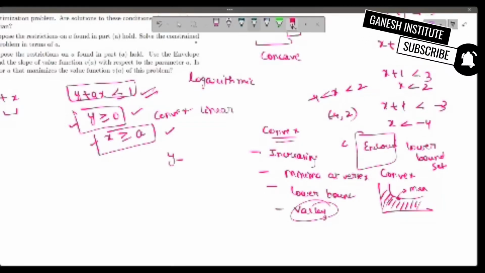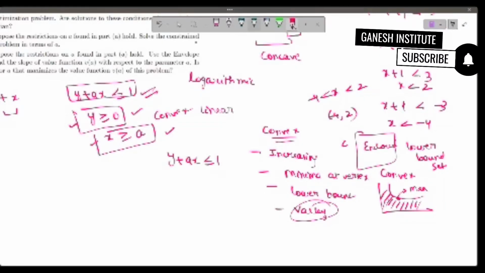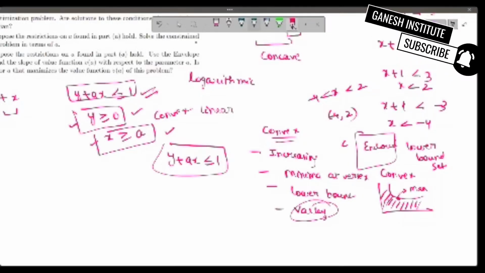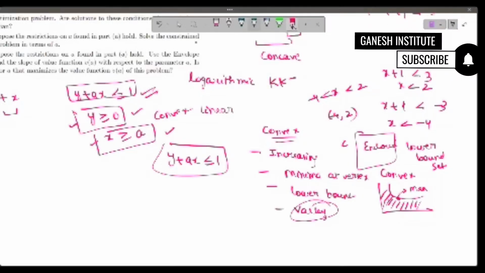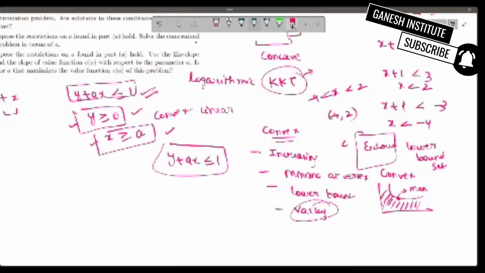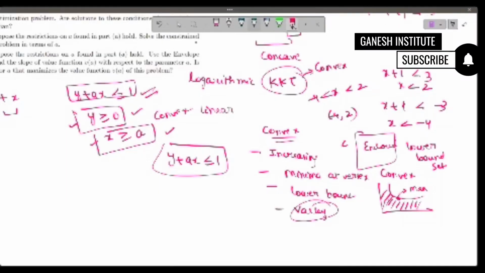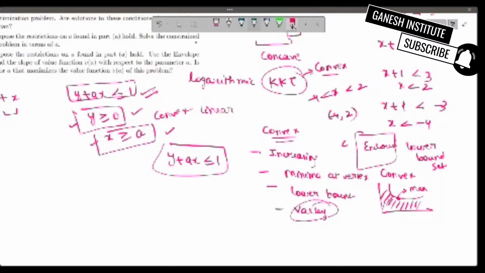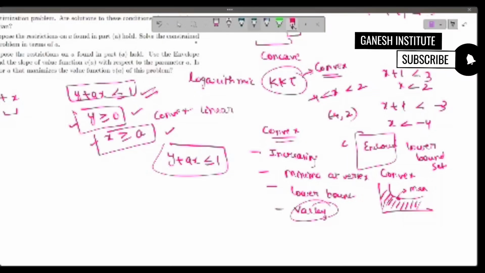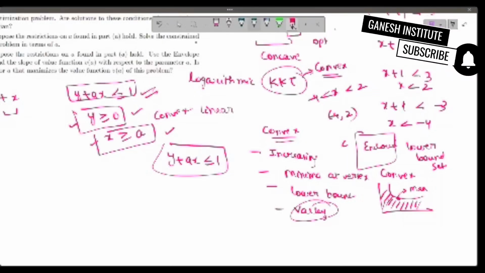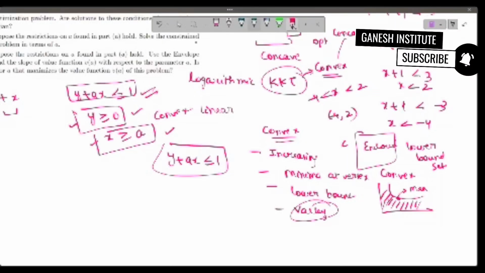Now I have to check y plus ax less than or equal to 1. Whenever there is KKT, Kuhn Tucker theory, you will always get your constraint as convex and your optimizing function as concave. This is the condition to apply KKT.